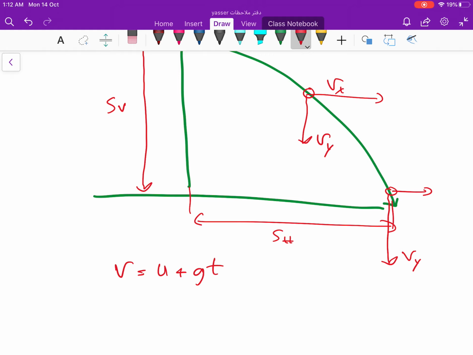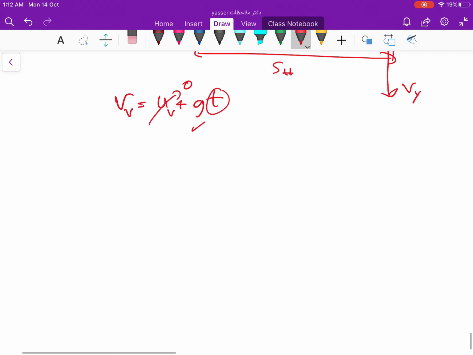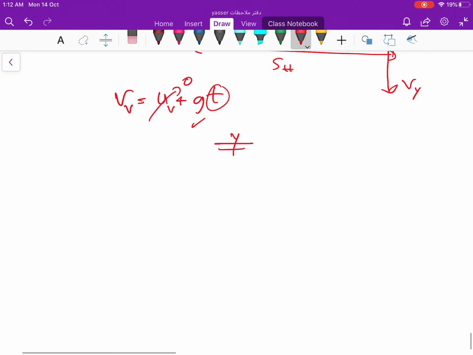The time stays the same. Time is a scalar physical quantity. So if we use the vertical component, if we know the final vertical velocity and the initial vertical velocity, which is 0, and by knowing g of course, we can calculate the time. Or we can use this equation for calculating the time: S equals ut plus half gt squared.